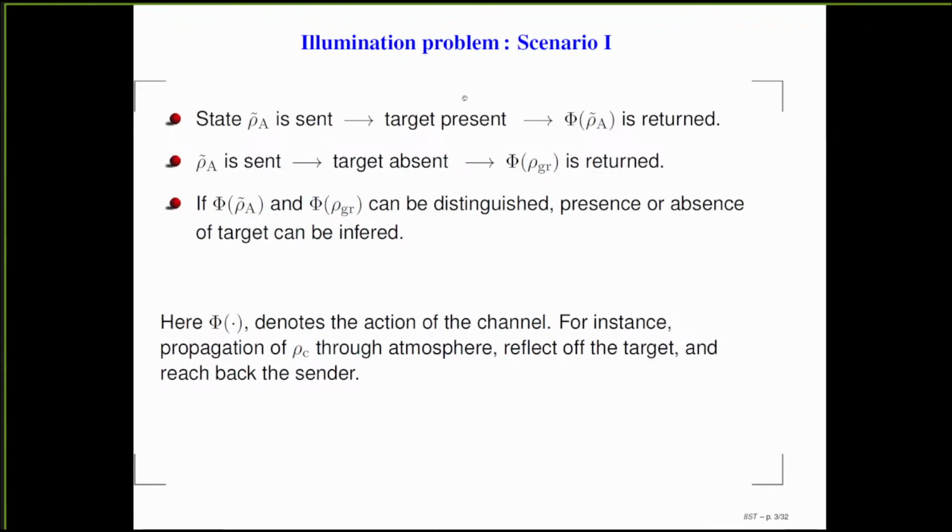That reflection is not what you sent; it is some modulated version of what you sent. Correct? Now, if the target was not there, what you got back was the background, some thermal background, and some channel. The channel is basically noise in your ambience acting on the thermal background. If you are able to distinguish these two, then you know the presence or absence of the target. This is what we call illumination. Yes or no?